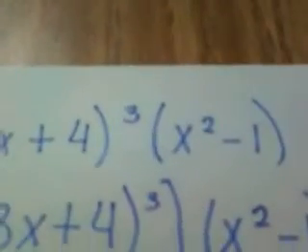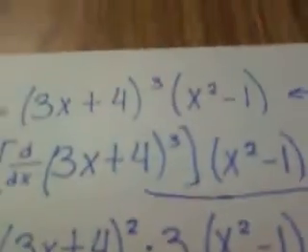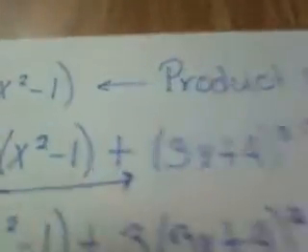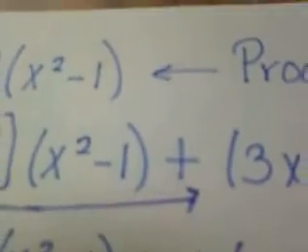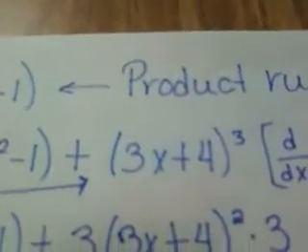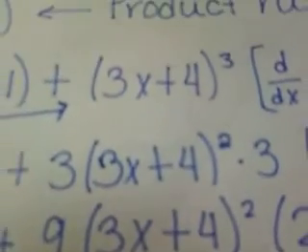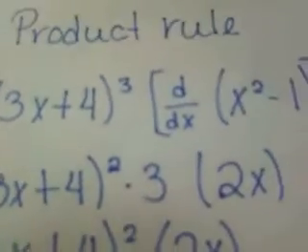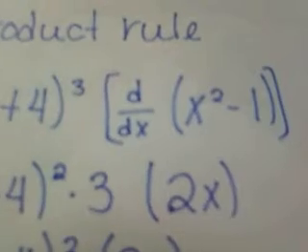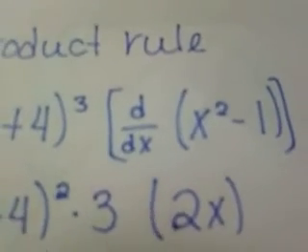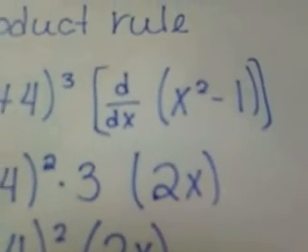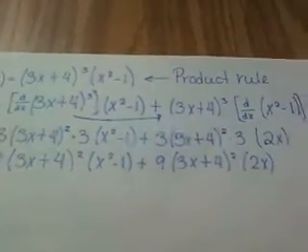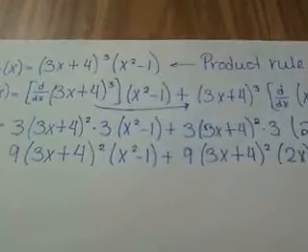And then you multiply times the second expression. That is the first part. Now, the second part, we use the add sign, and we take the first expression, (3x plus 4) cubed, and we use the d over dx for the second expression, x squared minus 1. See, that is there from the output.